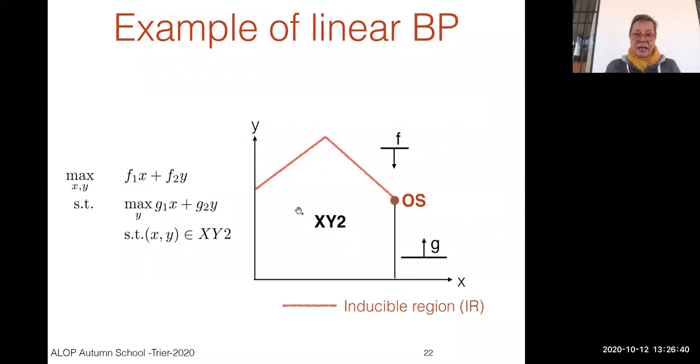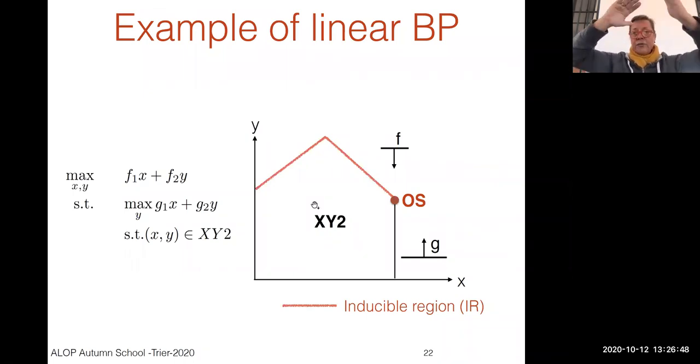In this case, the inducible region is made of faces of the high point relaxation feasible domain. So it's a part of the frontier of the high point relaxation. It is made of a collection of faces of it. But of course, here we see that this is not convex because you have the union of two faces which constitute this kink, okay?